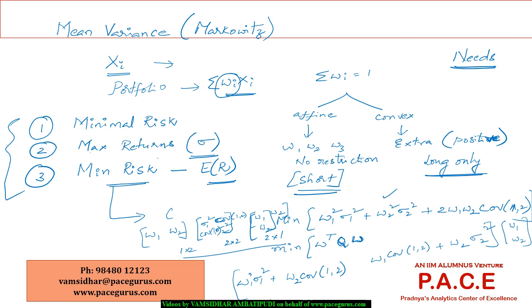So if you look at it, it's exactly W1 squared sigma 1 squared plus W1 W2 covariance 1 and 2. Again, this comes out as plus W1 W2 covariance 1, 2 plus W2 squared sigma 2 squared. So overall this is what is coming up. Which means in general, I can write it as minimization of the weights transpose multiplied by the covariance matrix multiplied by the weights. So this is what I wanted to minimize.